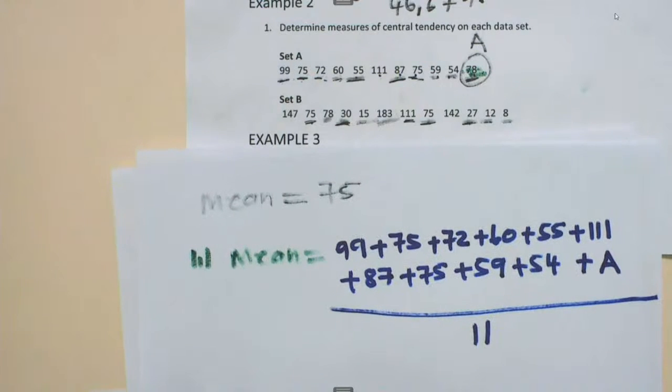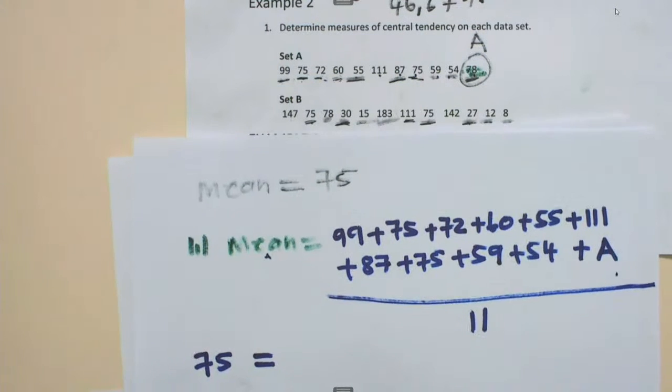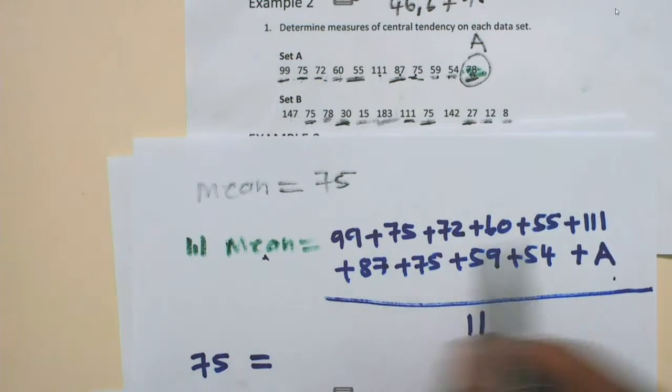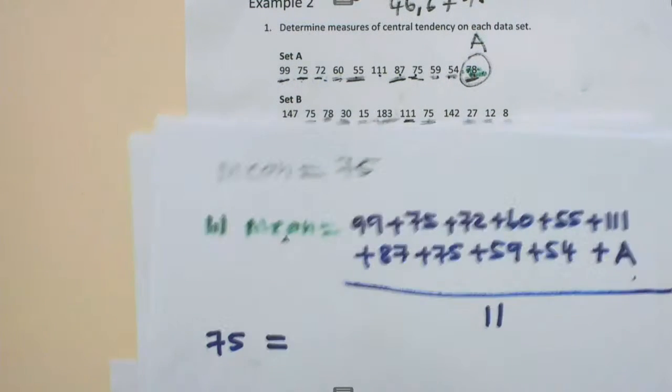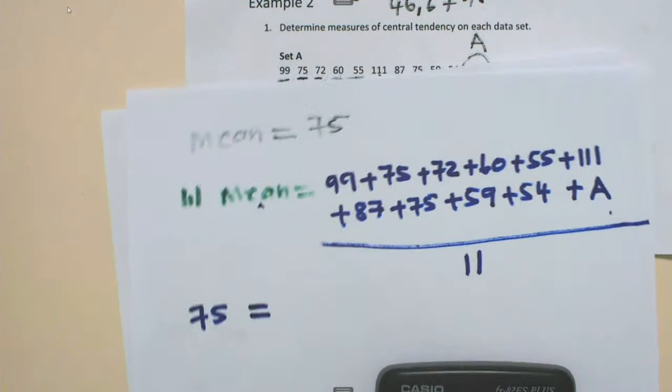But remember, we cannot have two unknowns. We were given the mean, and the examiner said our mean is 75. So we say our mean is equal to 75, and then we add all our values.